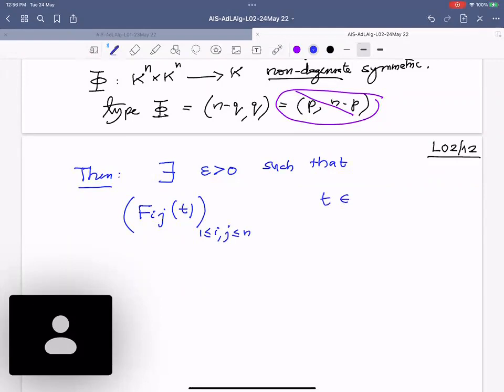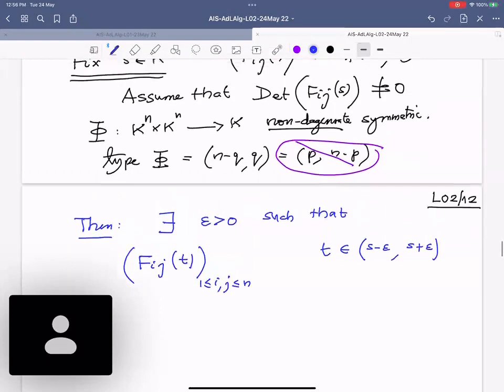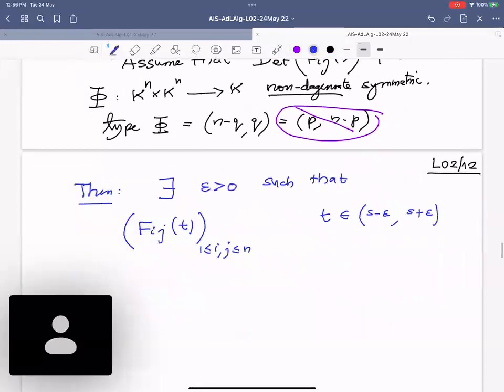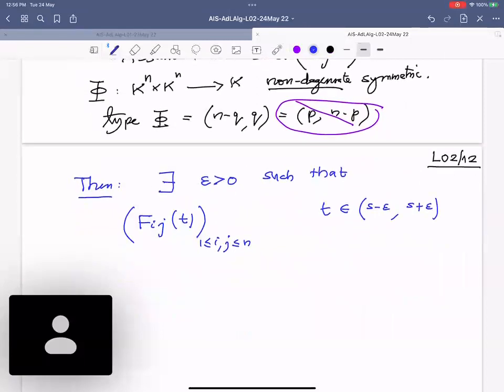Which interval? This one. Open interval s minus epsilon, comma s plus epsilon. s was where I fixed this matrix, it is symmetric. We are assuming it is non-degenerate. We have the type. Then there exists epsilon such that all these symmetric matrices in this interval have the same type.